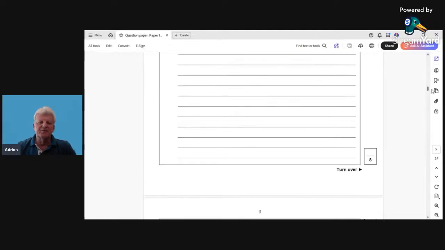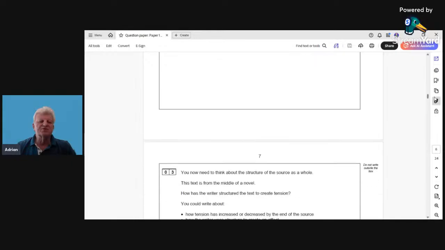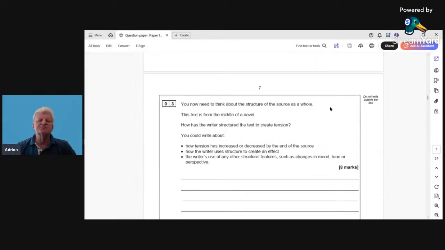Now, the next question is the structure question, and this has been rephrased slightly. You now need to think about the structure of the source as a whole. The text is from the middle of a novel. How has the writer structured the text to create tension? You could write about, and here's the advice again.